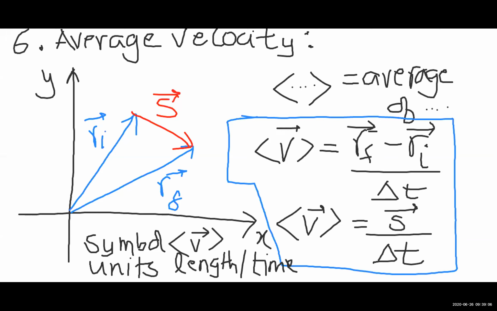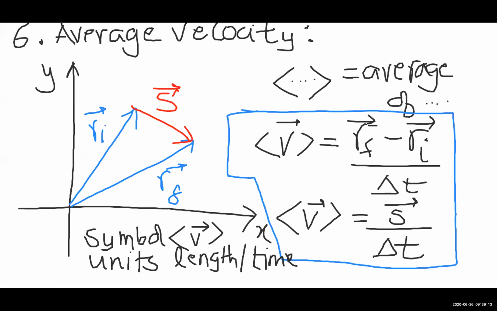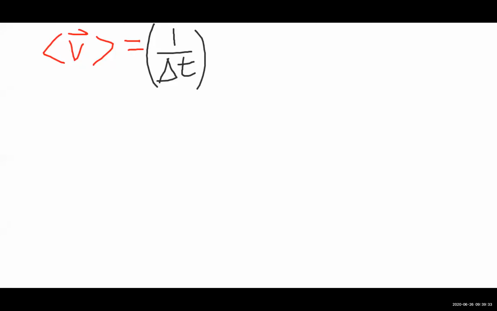So average velocity is equal to the scalar 1 over delta t multiplied by the displacement vector, right?